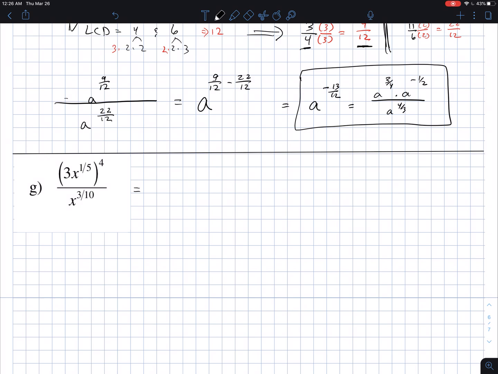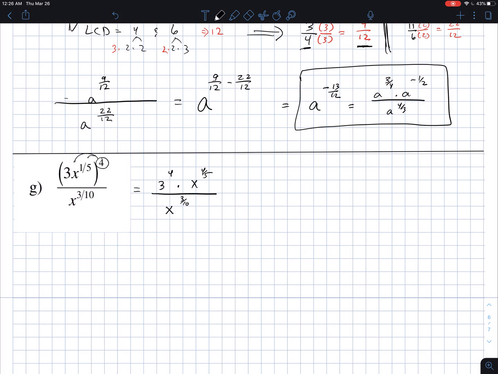All we're going to do is we're going to take that exponent and we're going to sort of, remember, distribute, but it's not really distributing. So it's 3 to the 4th times x to the 4/5 all over x to the 3/10. Okay, well, I'm not actually sure. Did they want us to keep it as 3 to the 4th?